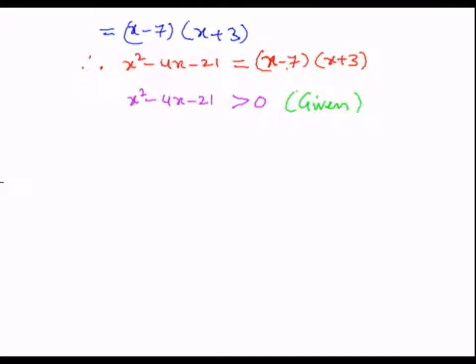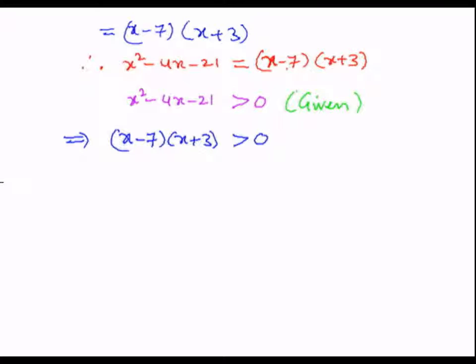So that implies, instead of x square minus 4x minus 21, we can write the factors as x minus 7 into x plus 3 greater than 0. Since the inequality is greater than, both the factors will be greater than 0.